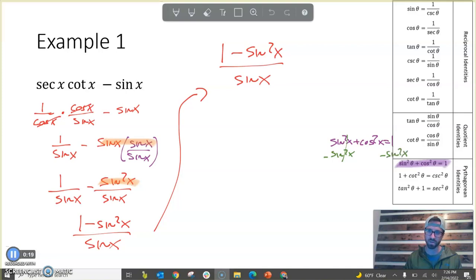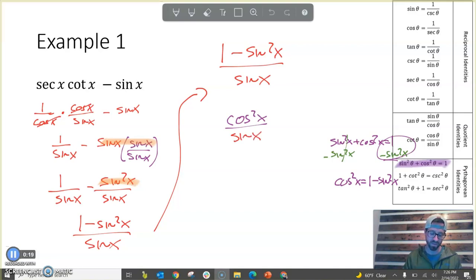Then we'd have cosine squared x equals 1 minus sine squared x. So while it might not be immediately evident, this is just one of our Pythagorean identities that's been moved around a little bit. It's been manipulated. So therefore my numerator, that 1 minus sine squared x, I'm going to substitute in cosine squared x.